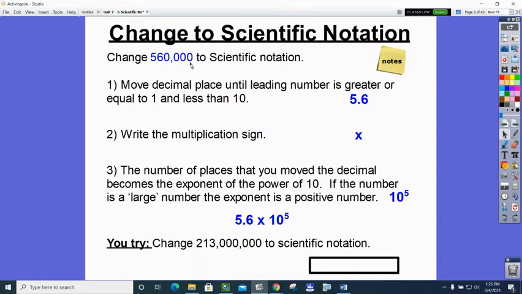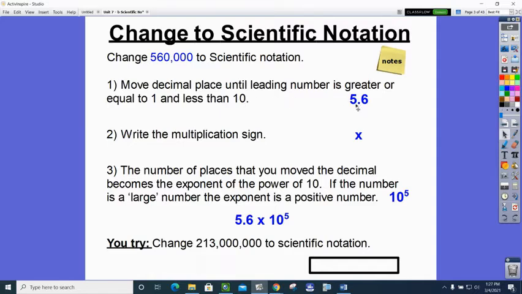So I'm going to start by taking a number. When we have the number 560,000, that is written in what is called standard notation. That's what we're used to writing. I'm going to convert it to scientific notation. By definition, scientific notation has three parts. It has a number in front that has to be greater than or equal to 1 and strictly less than 10.